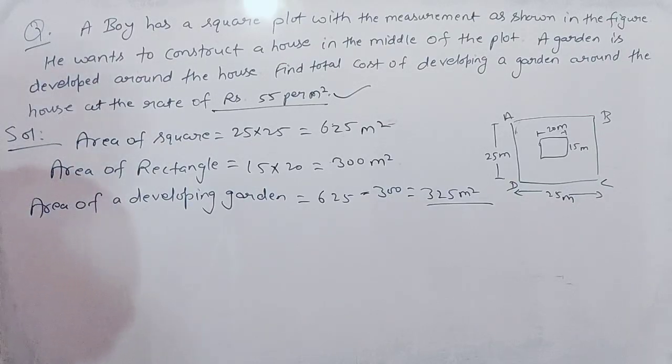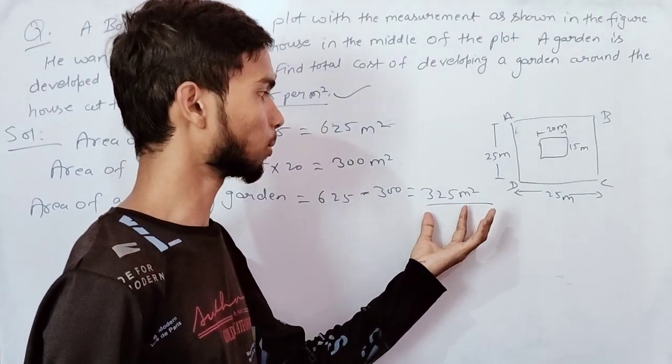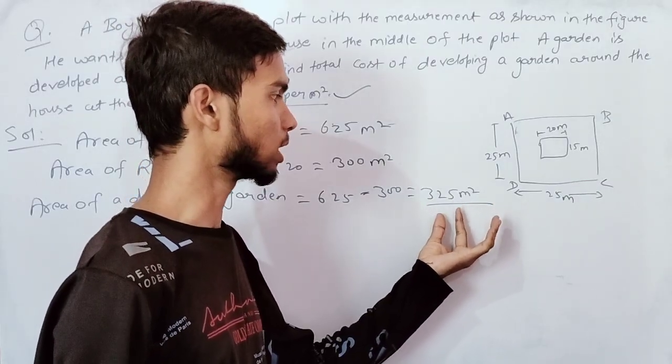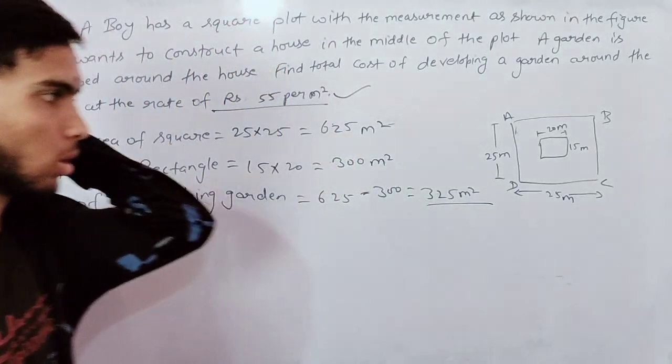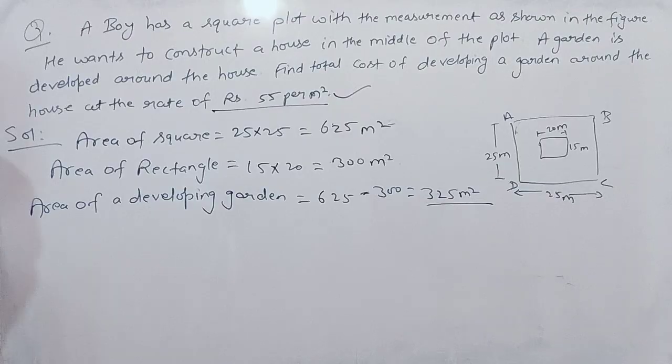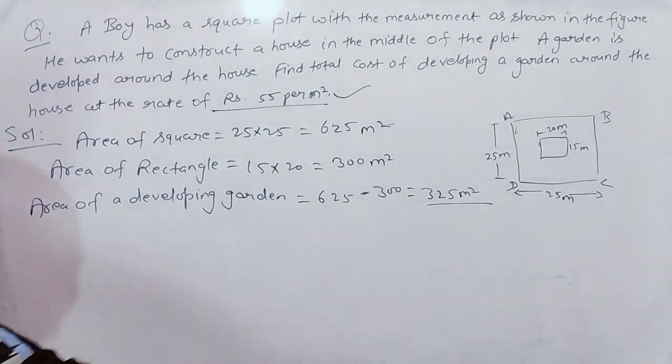Now, what will be the cost of developing this garden area? So per meter square it is this much. When we multiply this with this, we will get the cost.